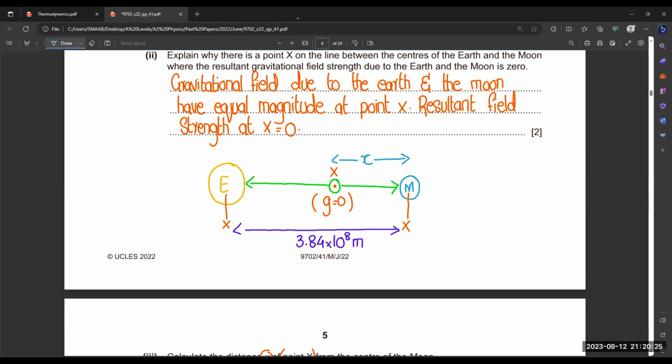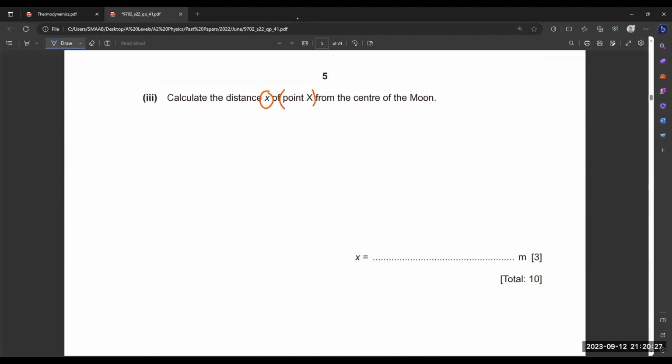So what we need to do, we know that the gravitational field of the moon and the gravitational field of the earth are both equal at point X, right? Yes.